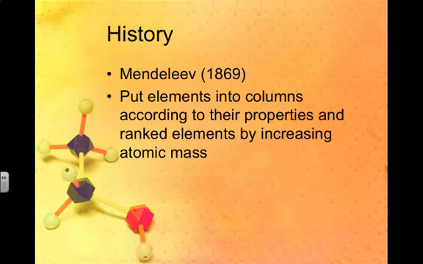Well, Mendeleev put all of the elements onto cards, and he put them into columns according to their properties, and then he ranked them by increasing atomic mass. And Mendeleev is pretty much given the majority of the credit for coming up with the current periodic table that we have. Although he ranked them by atomic mass, there is a better way to rank them, and that's by atomic number.